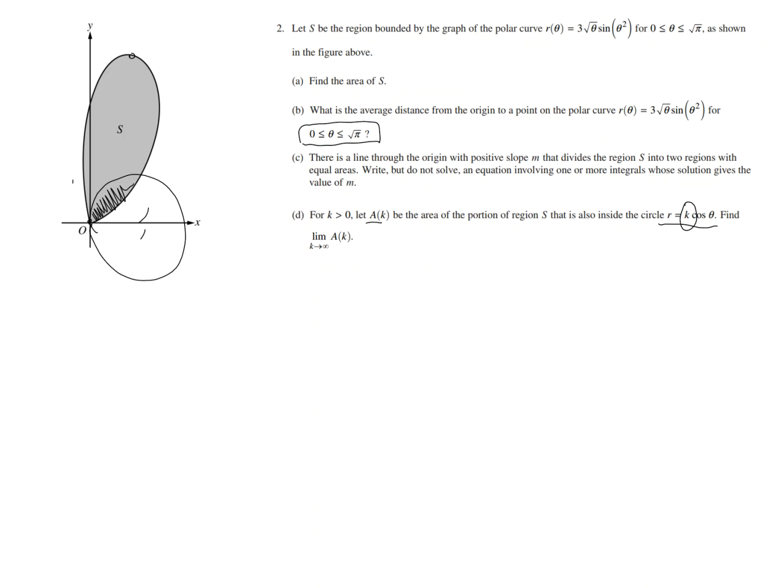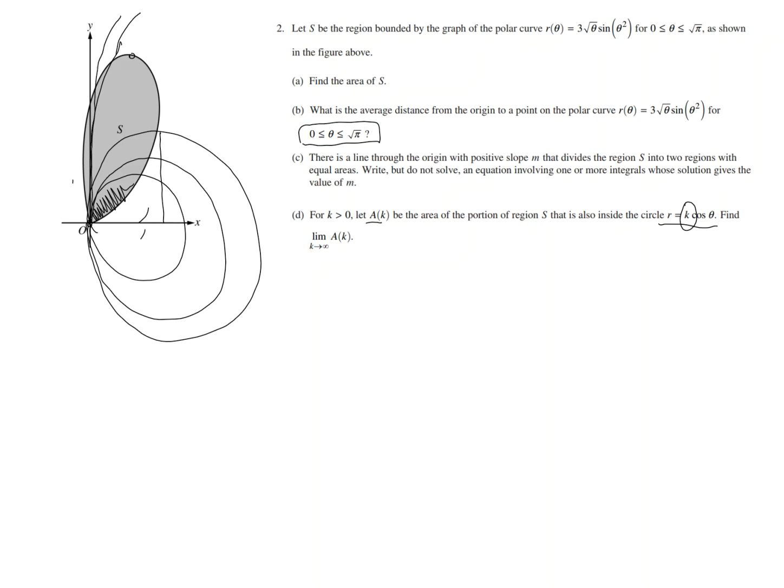Although we can solve this numerically using some trig equations, the simplest way to think of this is as the circle gets larger and larger, as we draw more circles here, and eventually the radius k gets infinitely large. So the circle will be large enough to a point where all of the area is covered.